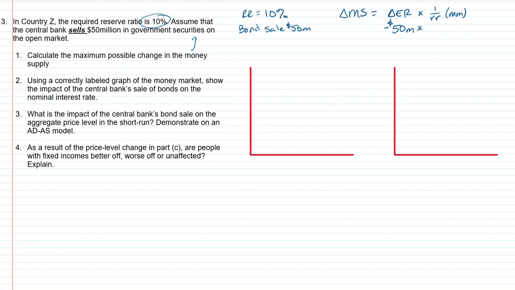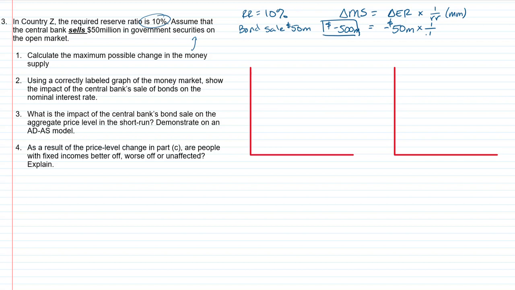And that's going to be multiplied by our money multiplier, which is 1 over 0.1, which would be 10. So 10 times negative 50 would give us a negative $500 million change to the money supply as a result of this open market operation by the central bank of country Z.